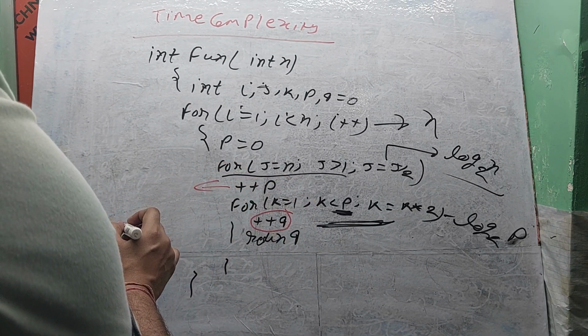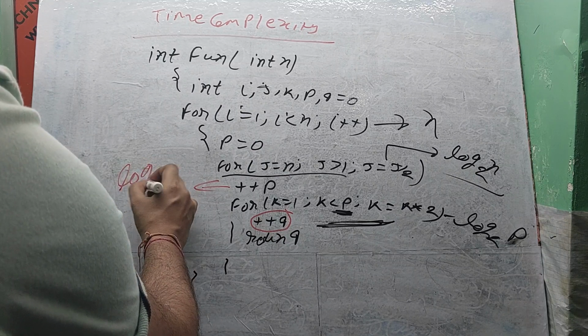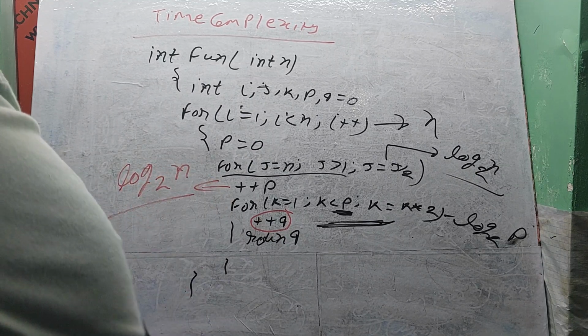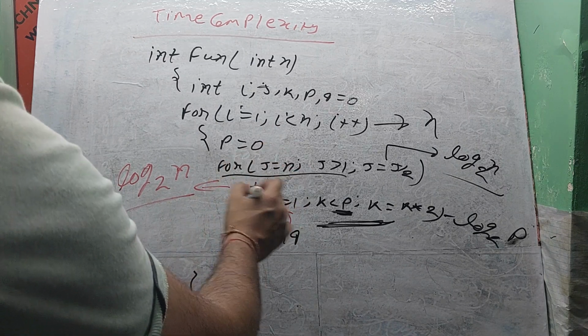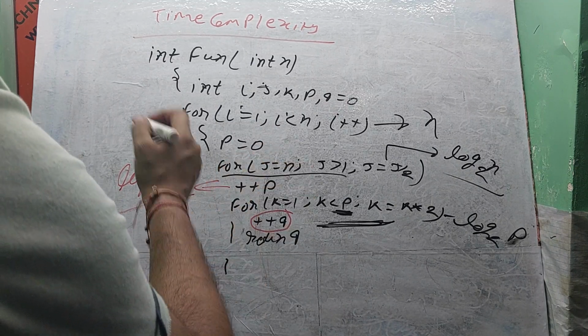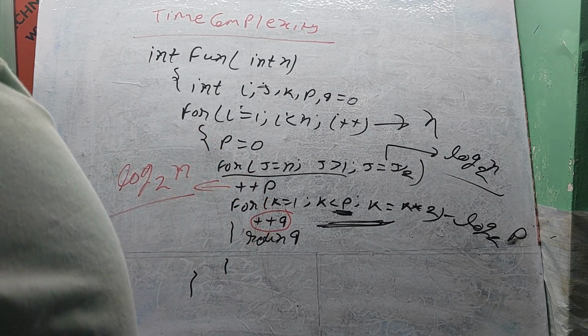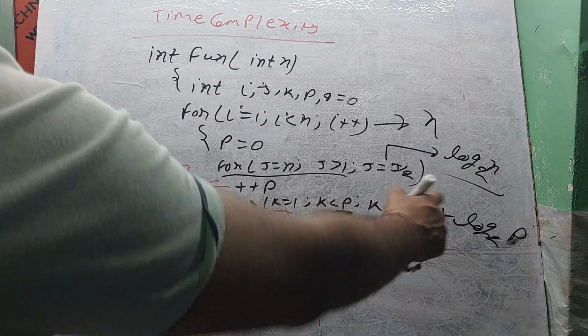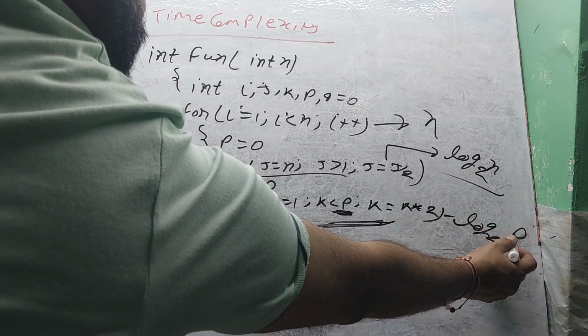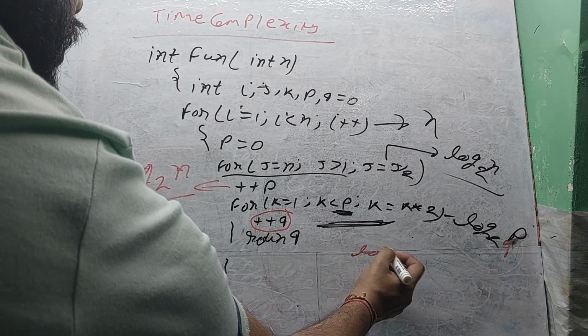This p value is nothing but log n base 2, because this for loop will execute for log n base 2 time, and that much value will be incremented. Now put here log n base 2.